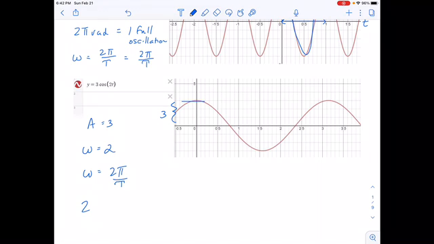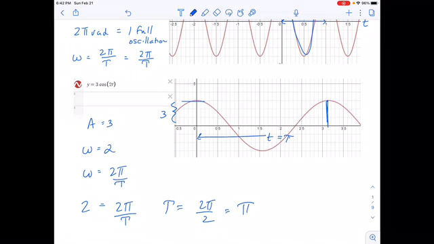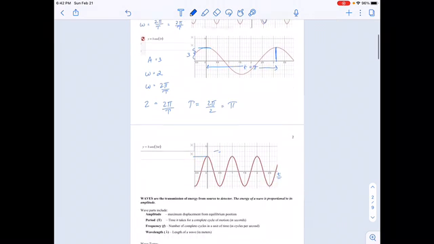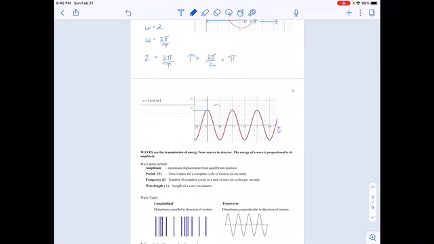So if the angular speed is 2, then 2 pi over something equals 2, and it turns out that the period then must equal 2 pi over 2, or pi. And indeed, when we look at this graph, we see that the time for one full cycle is pi. This is 3.14. So that's just to sort of orient you in looking at these graphs.